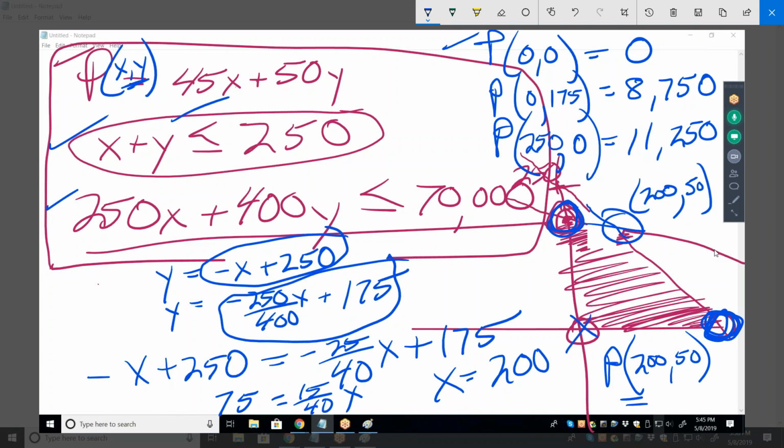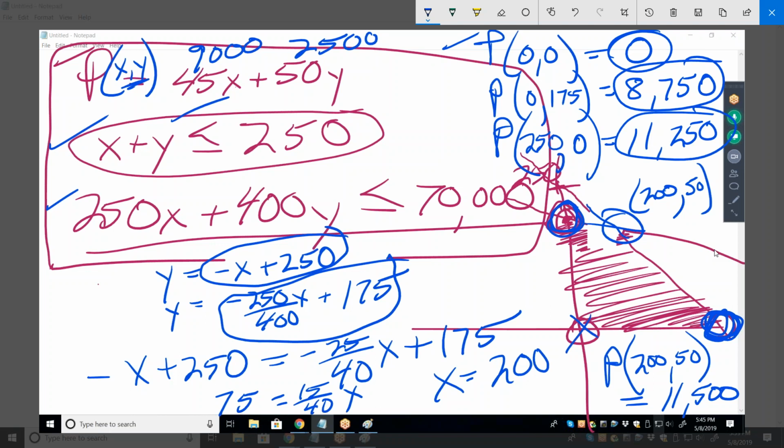That is 9,000 plus 2,500, 11,500. Since we're looking for the maximum, we're comparing 0 with 8,750 with 11,250 with 11,500.